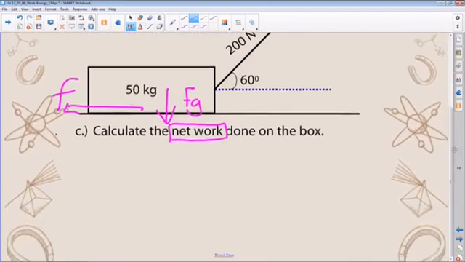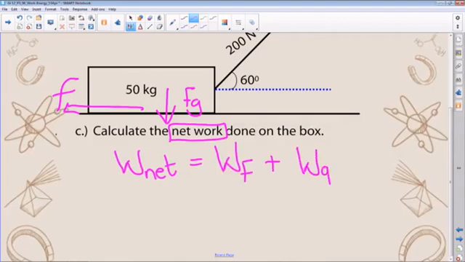So my net work is the work done by the applied force plus the work done by gravity plus the work done by friction. The work done by the applied force was 10,000. The work done by gravity was 0.